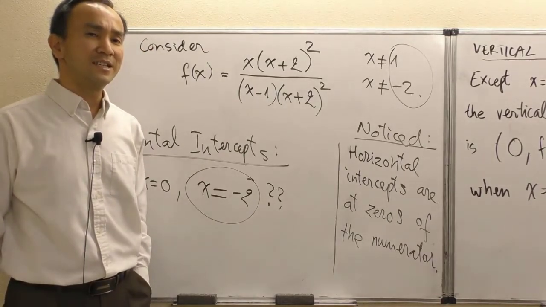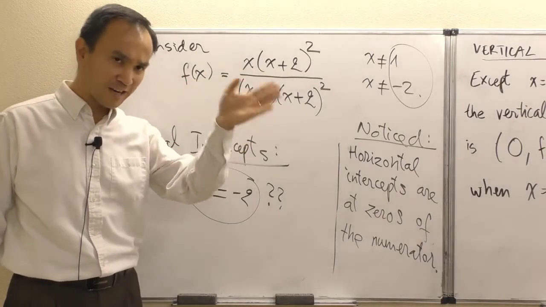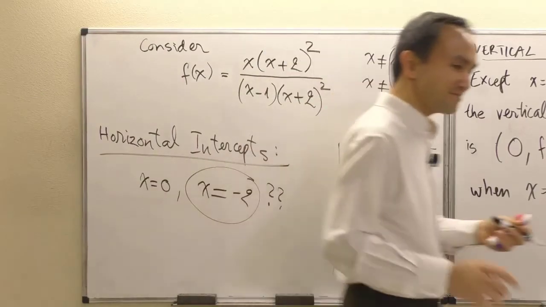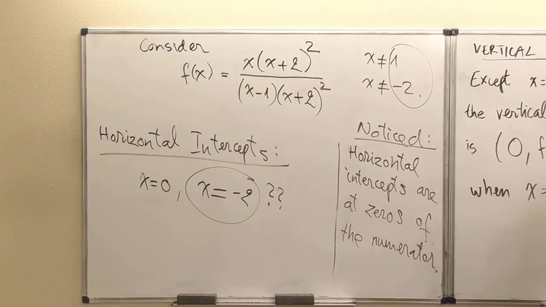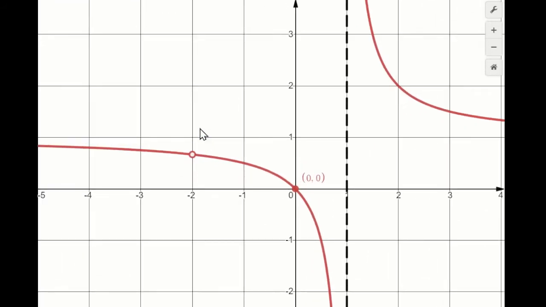All right, now we're going to look a little further into the graph, and recall that I showed that hole on the graph earlier. Back on the graph, let's pay attention to the hole right here. The hole on this graph happens right at x equals negative 2.